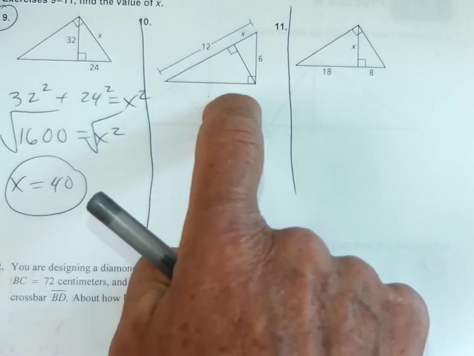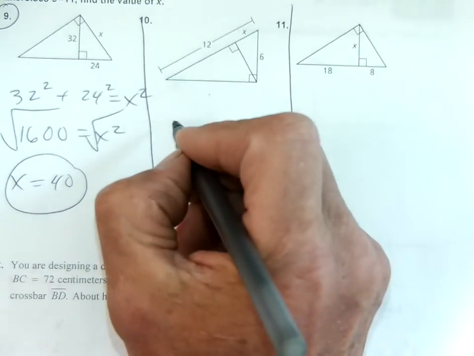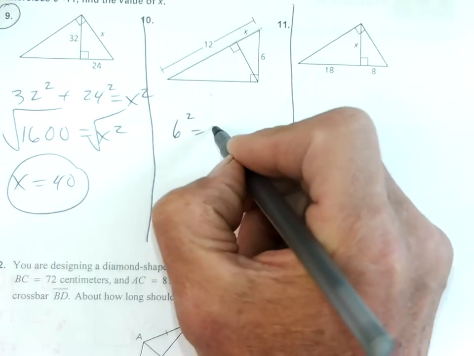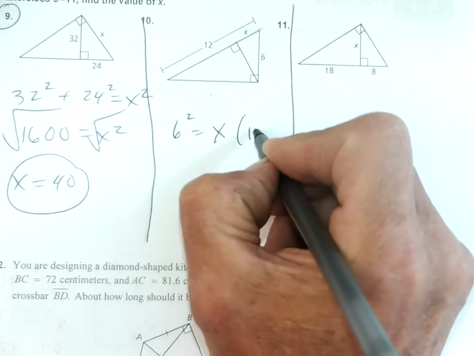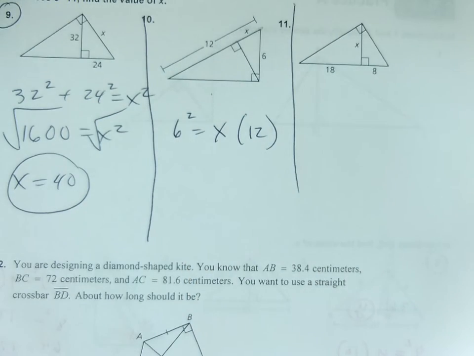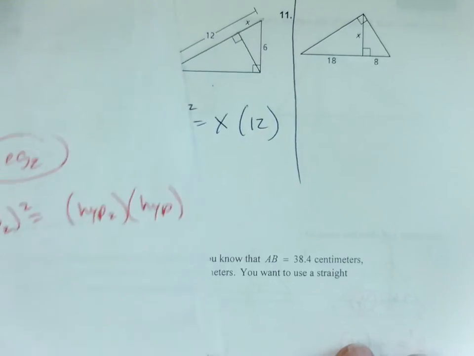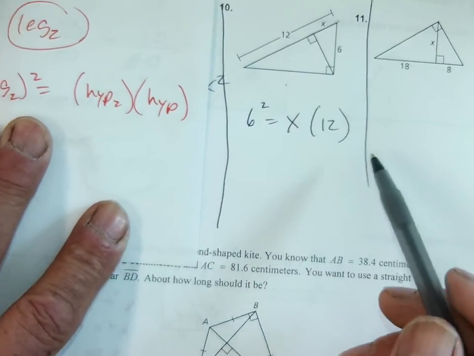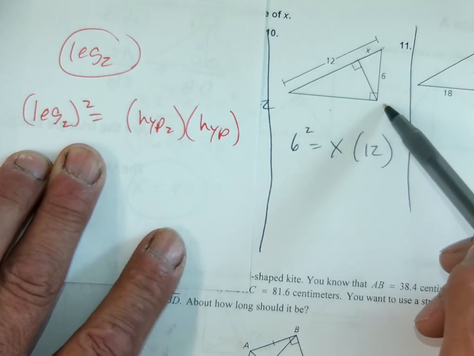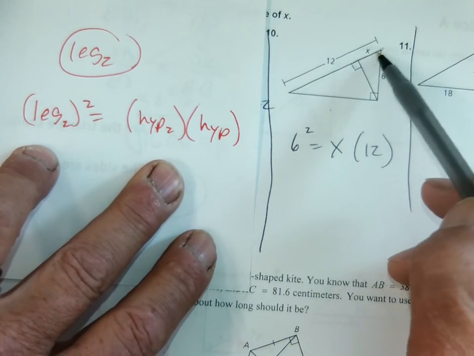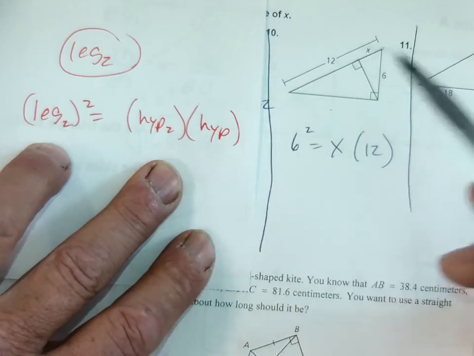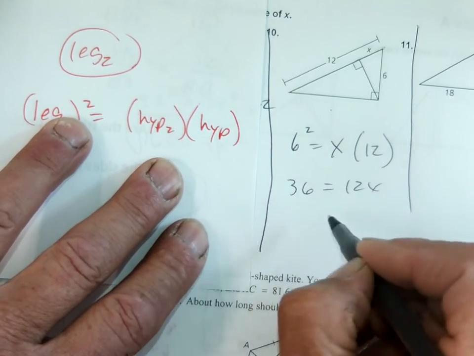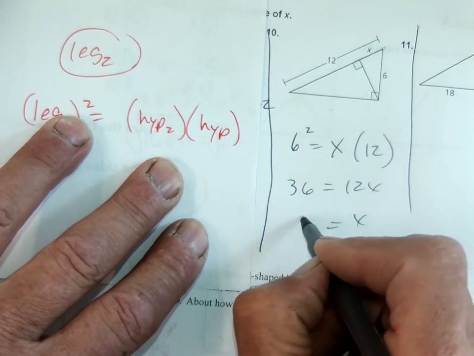So I'm going to have 6 squared equals the piece attached, the hypotenuse part attached, times the entire hypotenuse, right? I did the leg squared: 6 squared equals the part of the hypotenuse attached times the entire hypotenuse. So this is easy. That's just 36 equals 12x. Divide by 12, x is 3, okay?